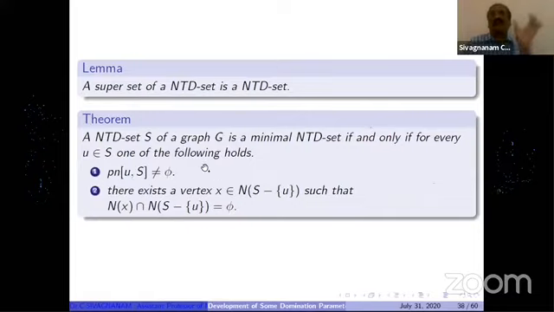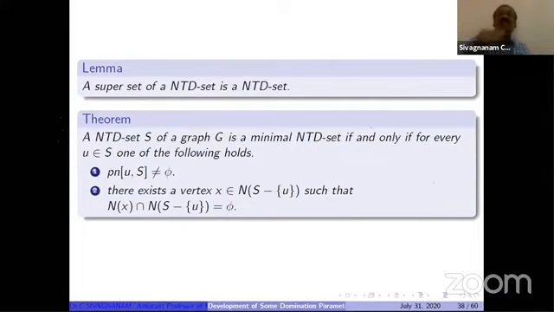What is the meaning? It is the dominating set condition. Every vertex in S has at least one private neighbor. Then the second condition is for the neighborhood total condition.